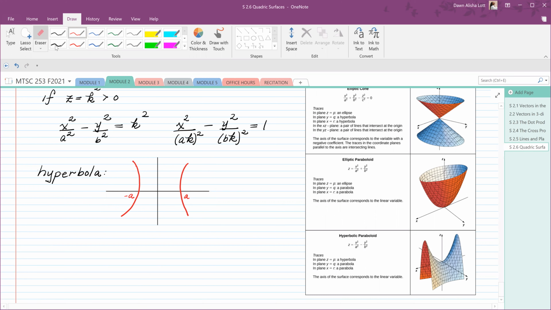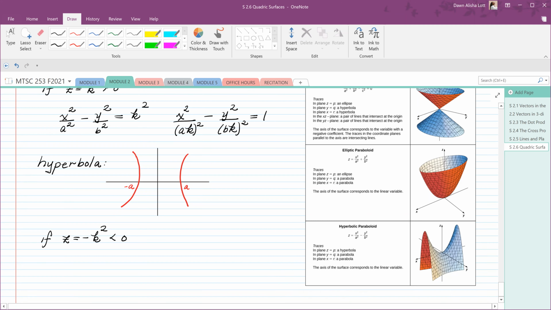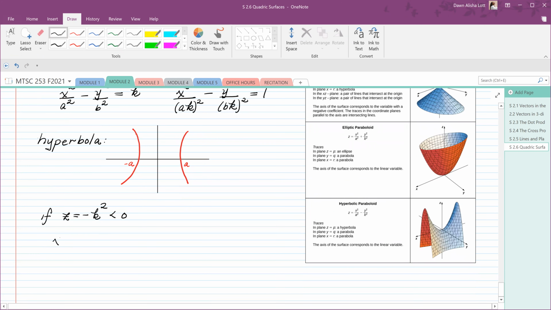Okay. And if z is equal to minus k squared, so it is less than 0, then you get x squared over a squared minus y squared over b squared is equal to negative k squared, or y squared over bk squared minus x squared over ak squared is equal to 1.